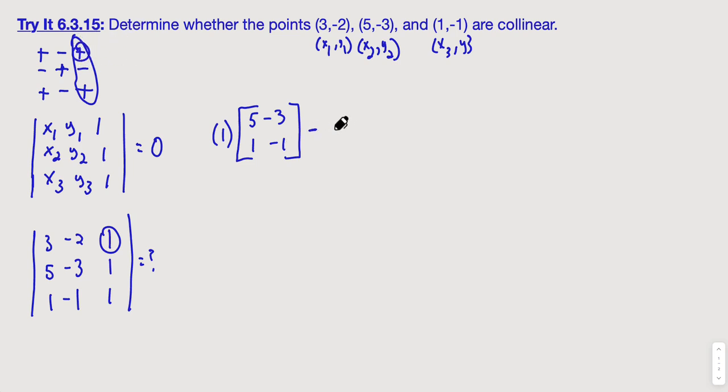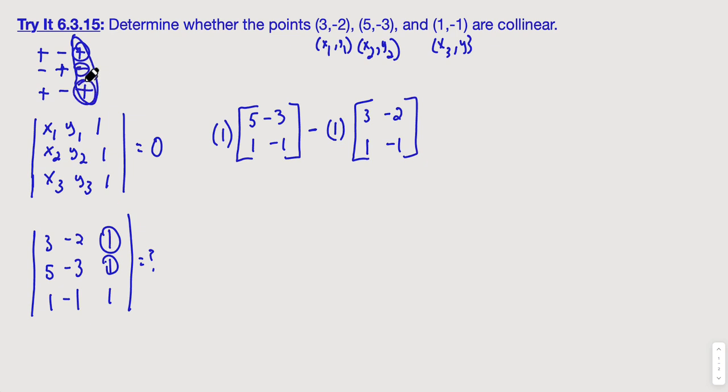So we're subtracting, and then again there's a 1 times the minor for this one. So it would be 3, -2, skip the second row, go to the bottom row, 1, -1. And now that was the minus.